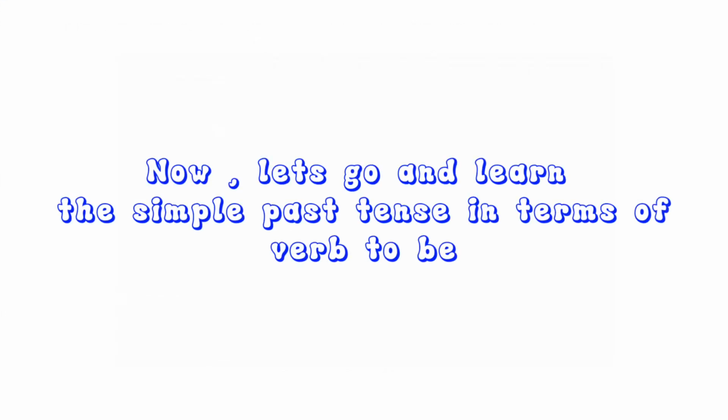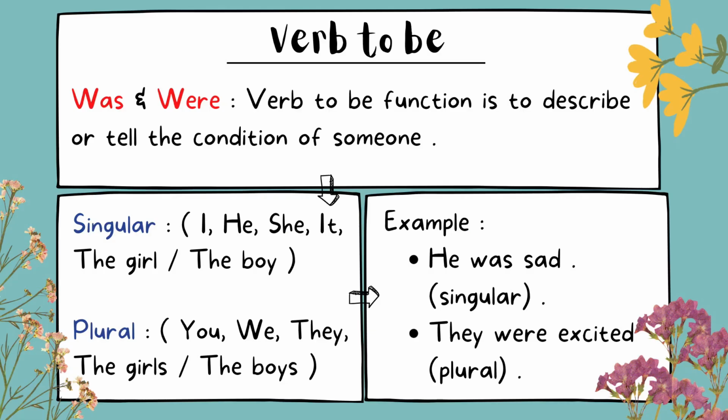Now, let's go and learn the simple past tense in terms of verb to be. For verb to be, we use was and were to show that it already happened in the past. Verb to be functions to describe or tell the condition of someone.